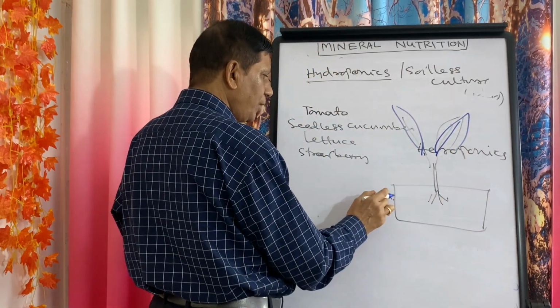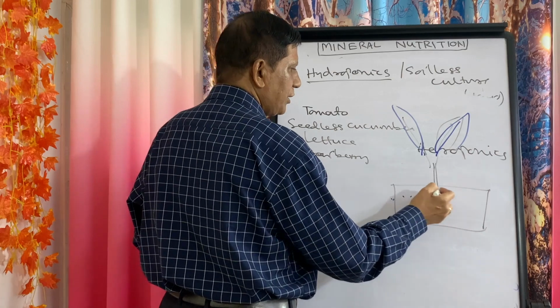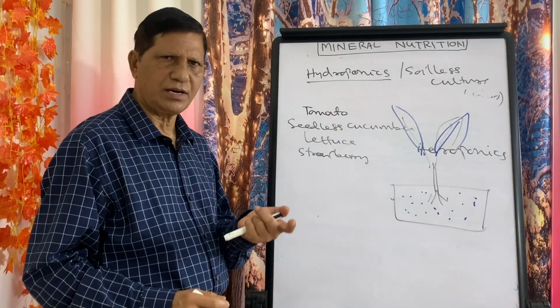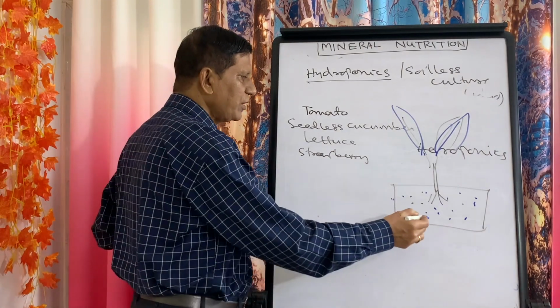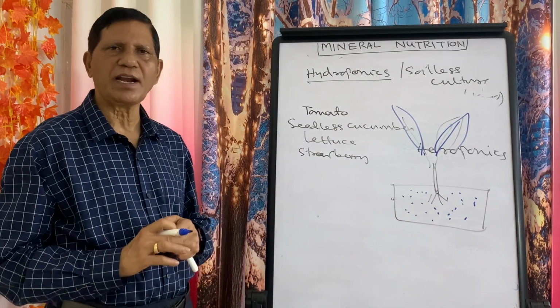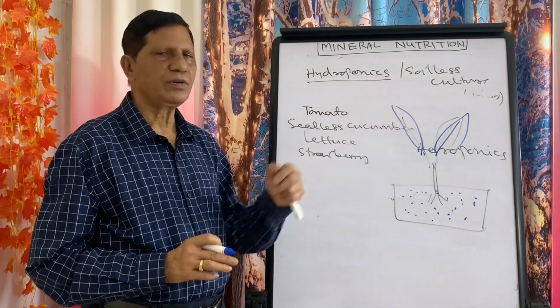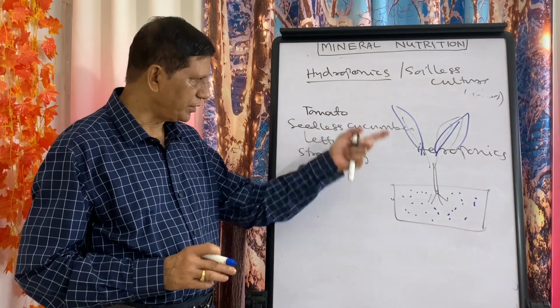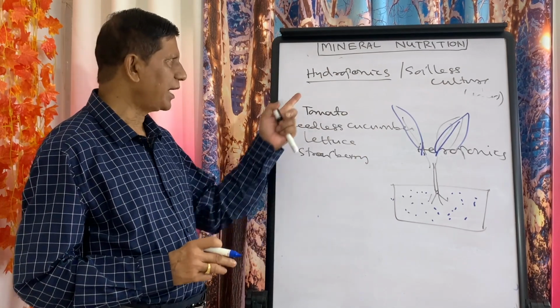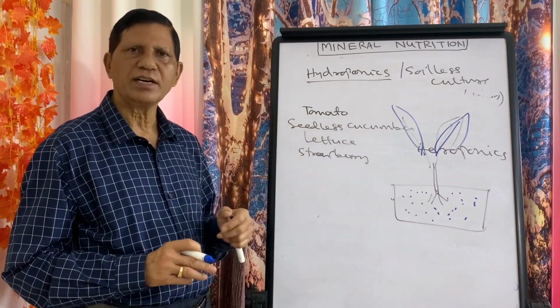Through another hole, the solution culture, either Knop solution or Hoagland solution, is sprayed into the box. So here moisture along with the different types of minerals are there, and it will grow. By this process also the scientists have become successful, but hydroponics or soilless culture is more important.